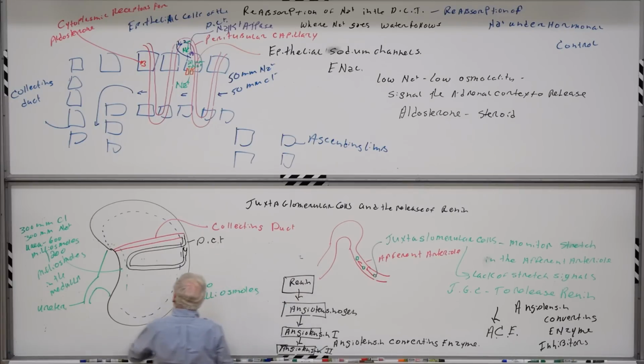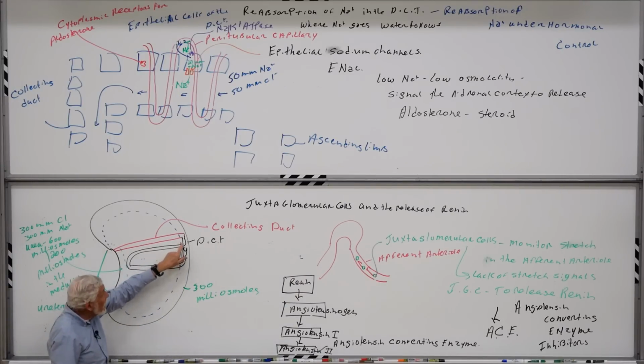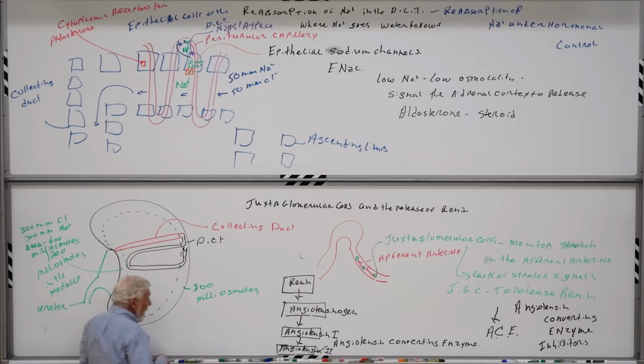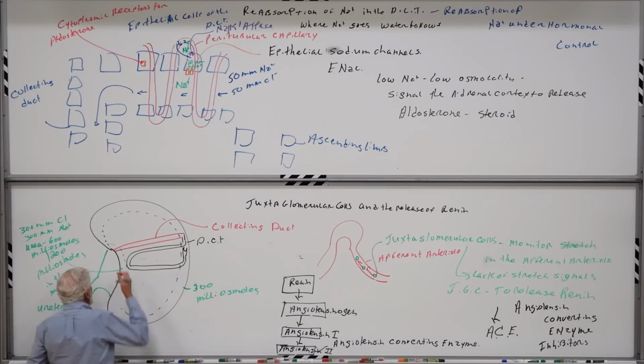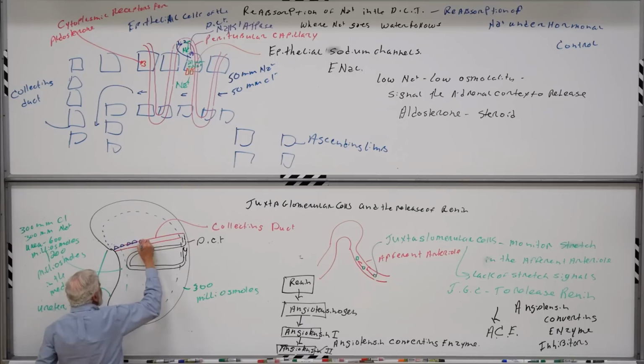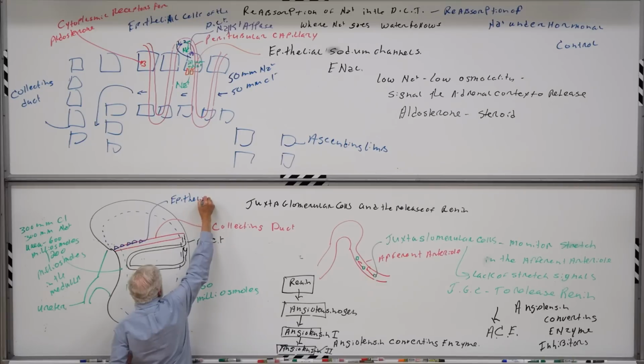Now, formally, the collecting duct is not part of the nephron. You leave the nephron at the interface between the collecting duct and the distal convoluted tubule. But now the fluid flows into the collecting duct, and as usual, we have a tube made of epithelial cells. So this is meant to be the epithelium of the collecting duct.